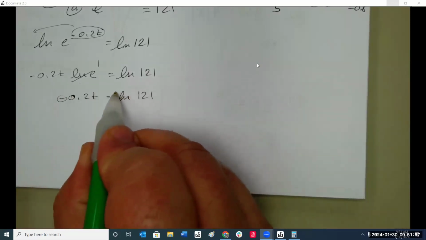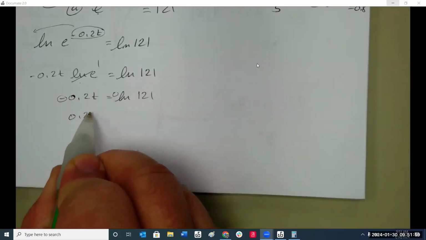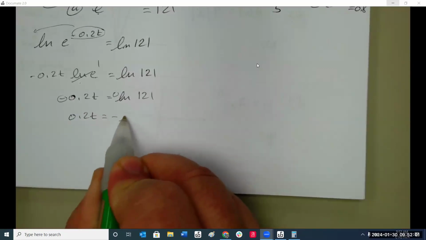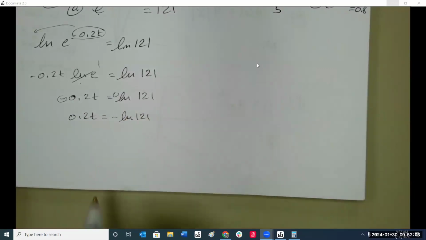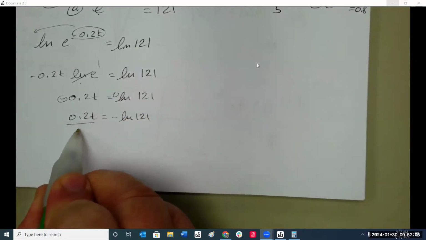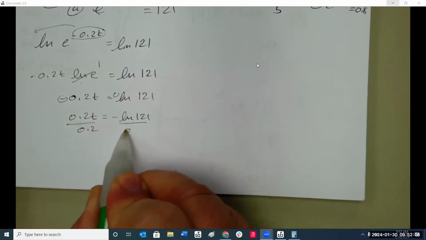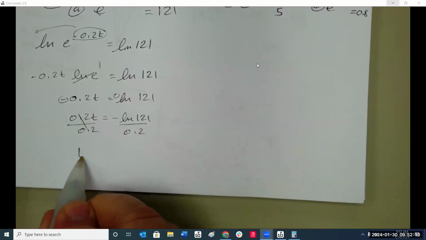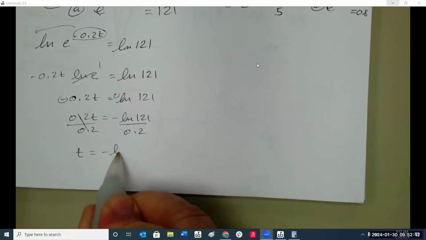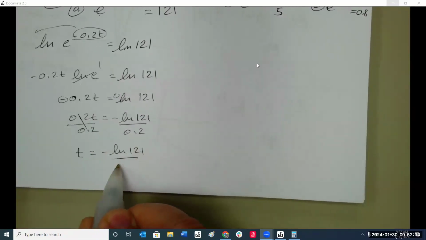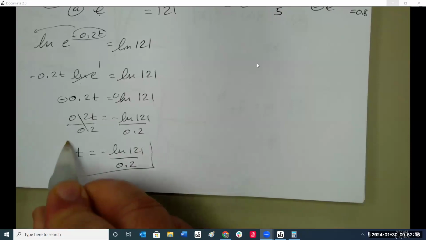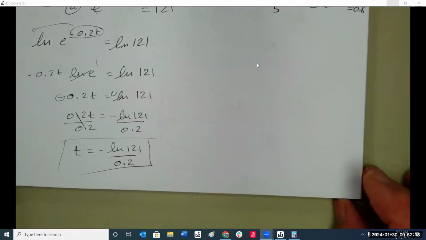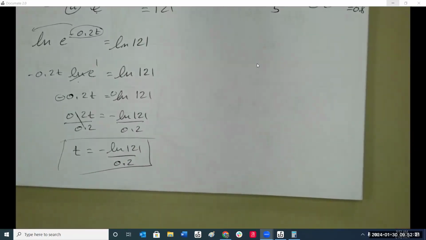Change the signs. So 0.2t equals negative ln 121 and divide by 0.2. That's the first one.